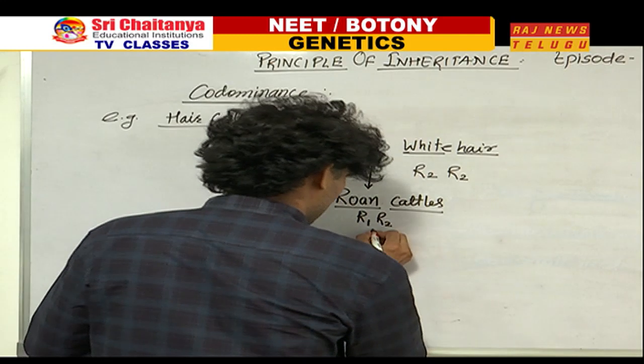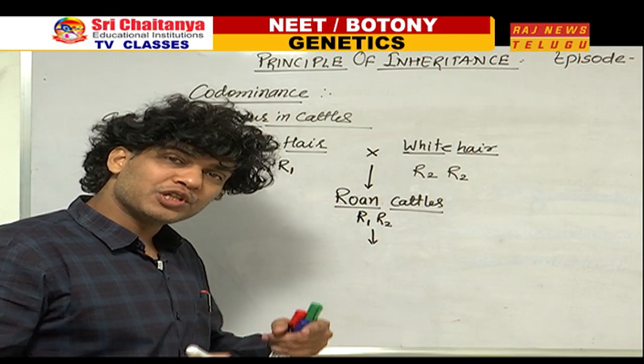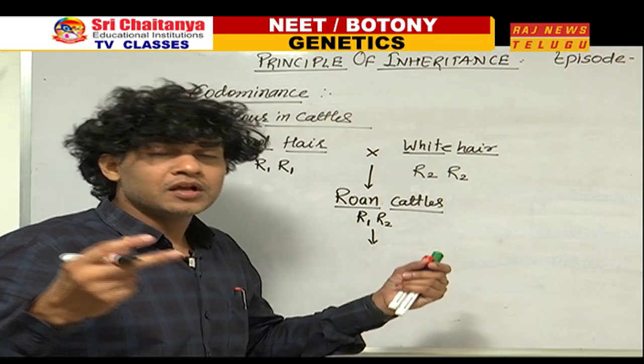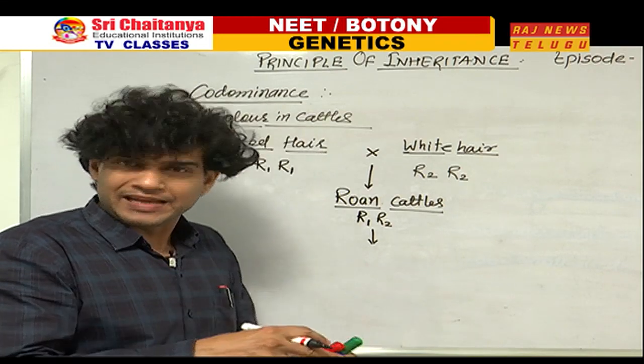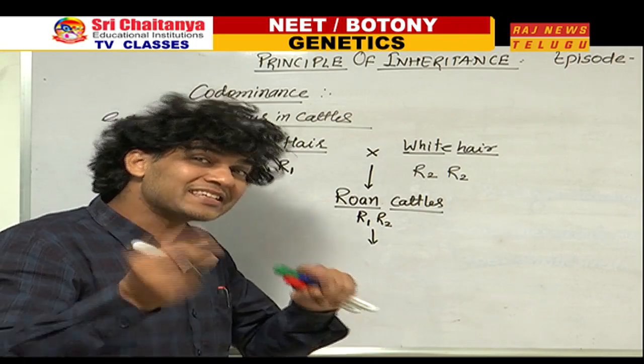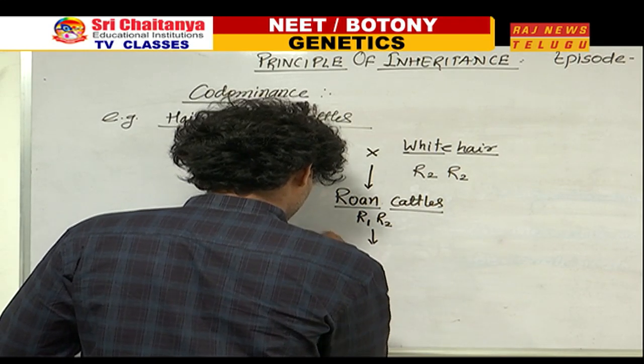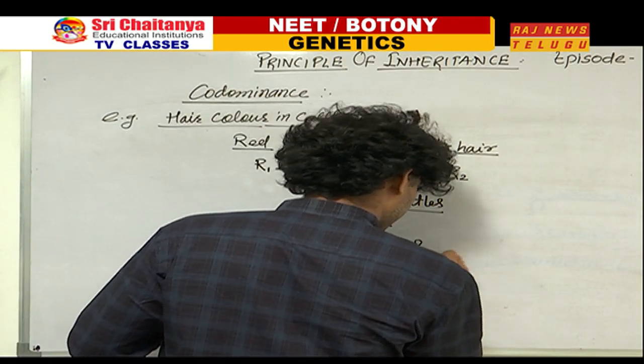Now they are allowed for sib mating. In case of animals, we will use the word sib mating, means crossing between the siblings. While in case of plants, what term were we using? Selfing. Yes. So here there are two types of gametes, half of the gametes R1, half of the gametes R2.